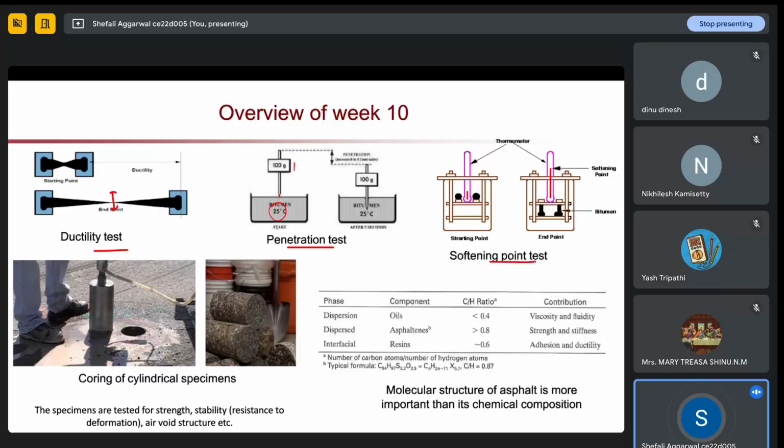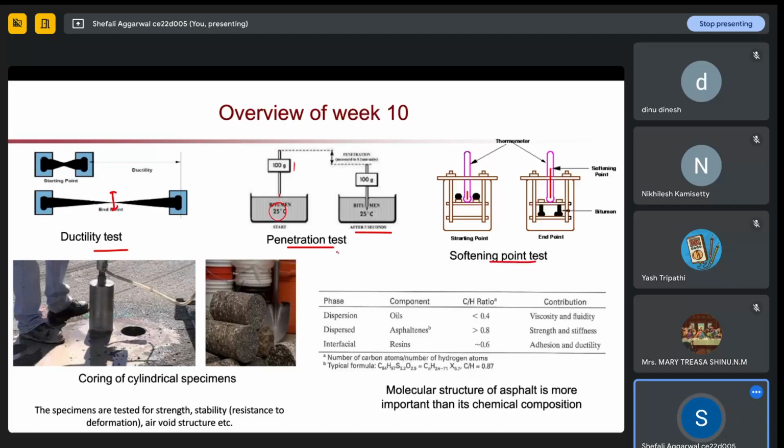Normally our bitumen, or any bituminous material, is made of organic compounds, right? What we are doing is checking how much it will penetrate in a particular amount of time. Mainly, within 5 seconds, how much penetration happens with a 100 gram sample gives us the penetration value.